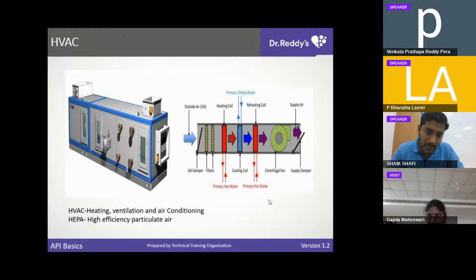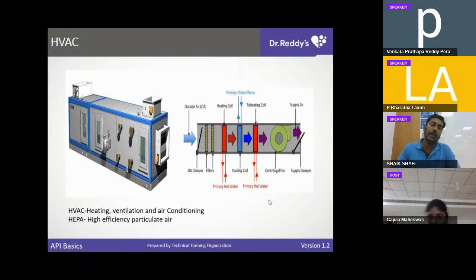So in the inside diagram you see here the arrow is there. Outside air will come here, then there will be filters to filter the air, then a heating coil, chilled water, and the reheating coil, and blower, and supply to inside.